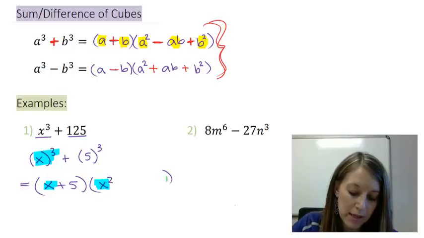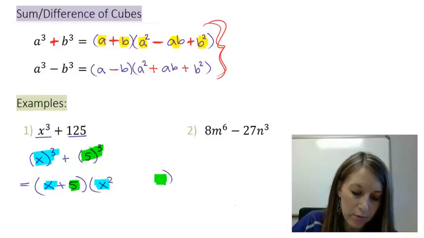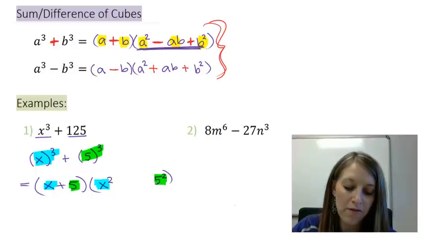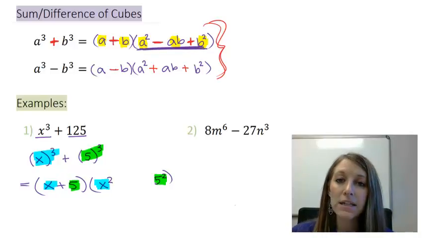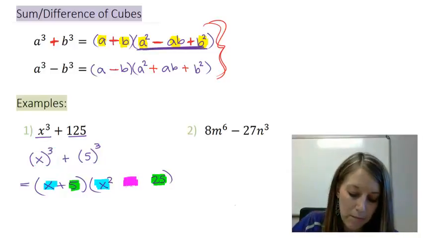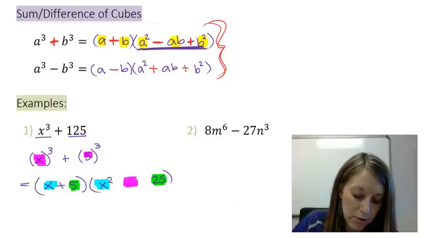In my last place, I need something times 5 to give me 5 cubed, and so that will be 5 squared. And again, I'm just following the back piece of my formula up here. But if this can be simplified, then I should be simplifying it. So I do not want to leave it as 5 squared. I want to write out what 5 squared is, and that is, in fact, 25. So that's what I'm going to put there. In the middle, I just multiply my two terms.